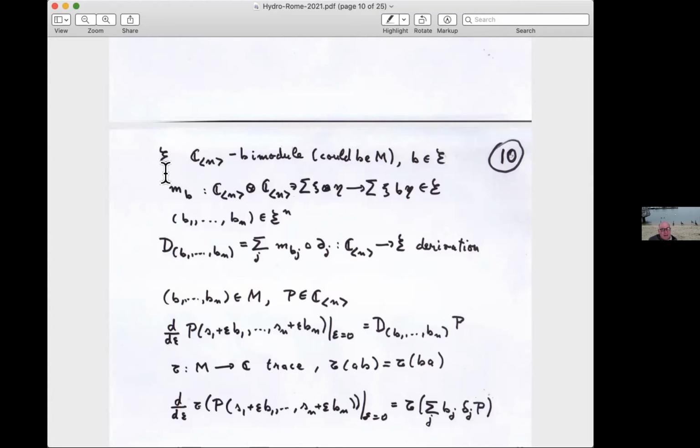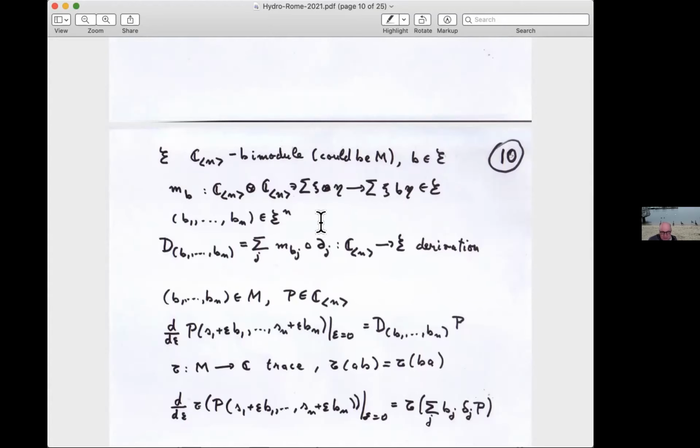If I have a bimodule, a Cn bimodule, could be, for instance, von Neumann algebra generated by its elements, and I have B, an element in the bimodule, then I have a map MB, an insertion map from the tensor product of two copies of Cn to E, and it simply takes Xi tensor eta and maps it to Xi B eta.